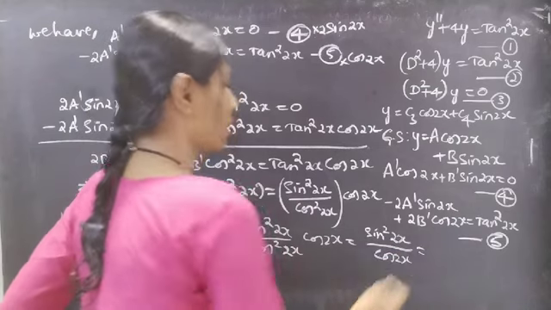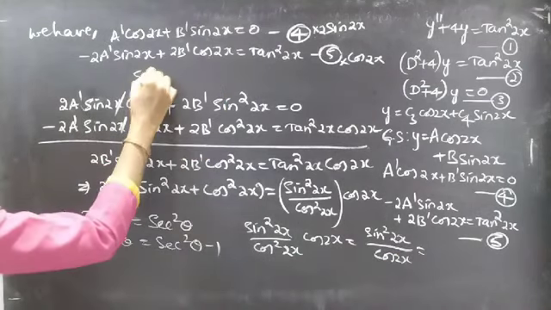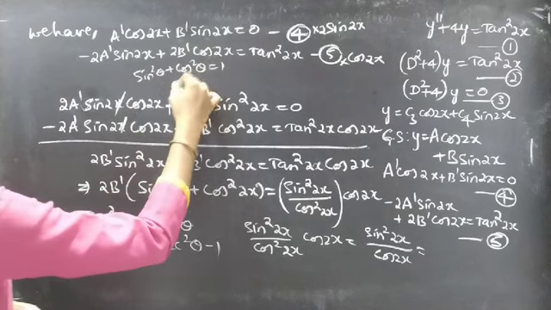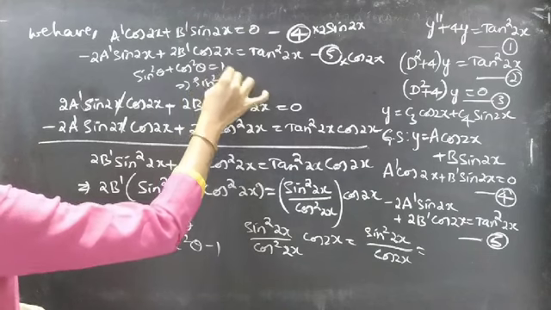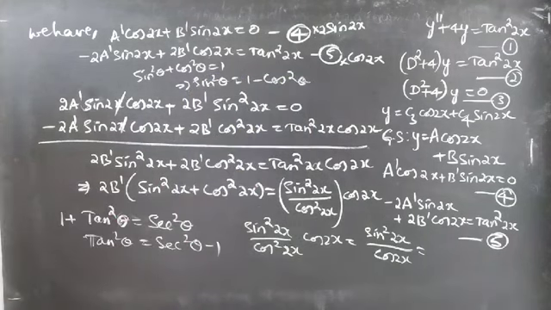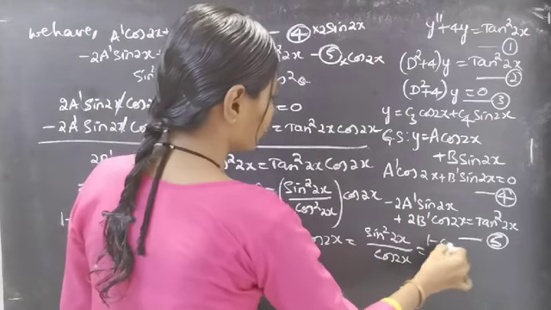Again we can replace sin square 2x, since sin square theta plus cos square theta equals 1, from this we'll get sin square theta equals 1 minus cos square theta. So we can replace sin square theta with 1 minus cos square theta.